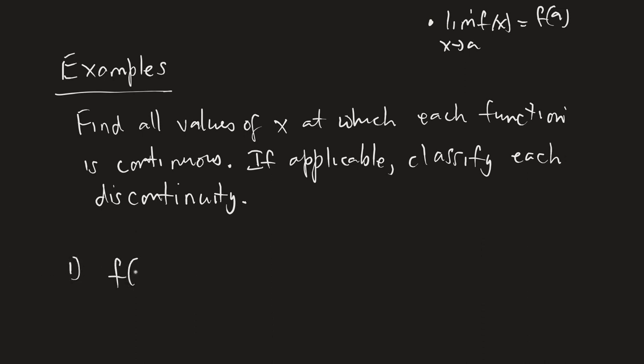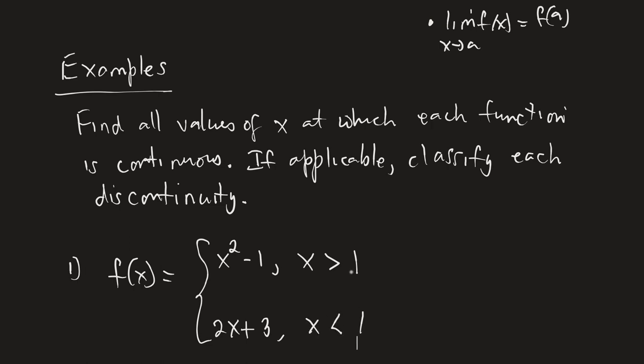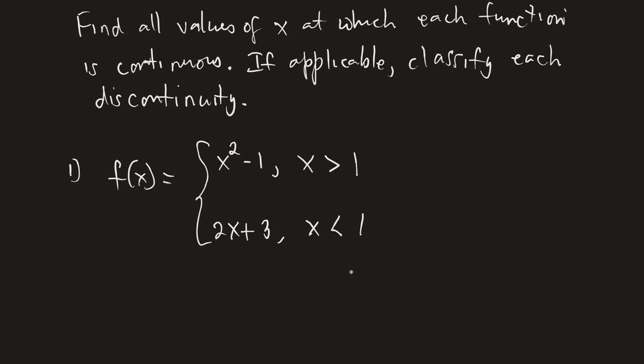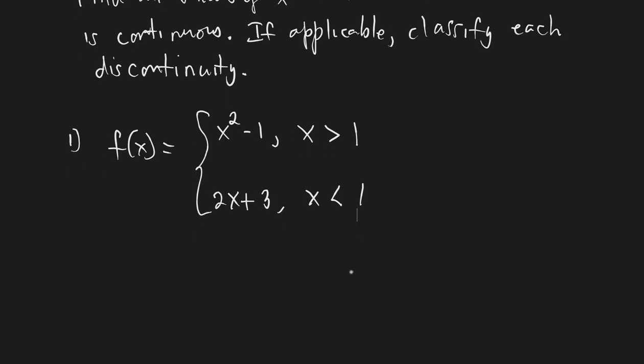Let's start with, and these are all going to be piecewise functions, something like this: x squared minus 1 when x is greater than 1, and 2x plus 3 when x is less than 1. Let's identify all the values of x at which the function is continuous. Well, both of these pieces are polynomials.